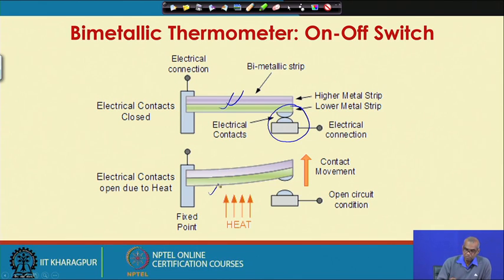Now, if I heat it, it will bend, and depending on a particular temperature, the bending will be such that the electrical connection will no longer be there. So, the circuit will be open. So, you can close the circuit and open the circuit at high temperature. If you want that the circuit will be broken if the temperature exceeds a certain value, I can then suitably design a bimetal strip and make an arrangement like this.